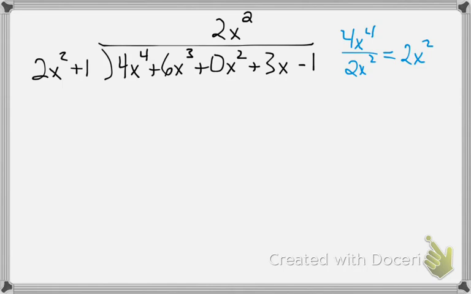And then what do we do? Multiply that 2x squared through the divisor of 2x squared plus 1. So that's going to give me 4x to the fourth, and then we get 2x squared.